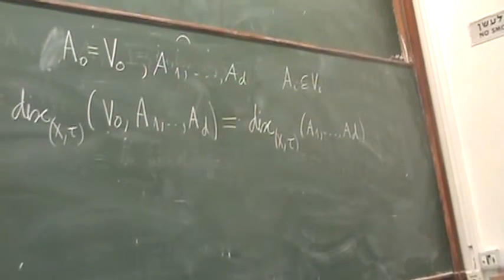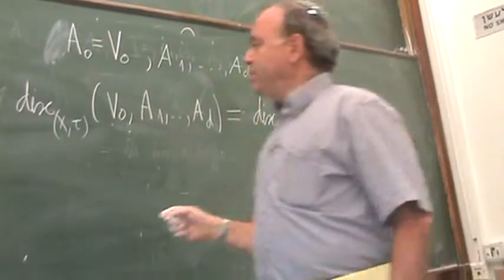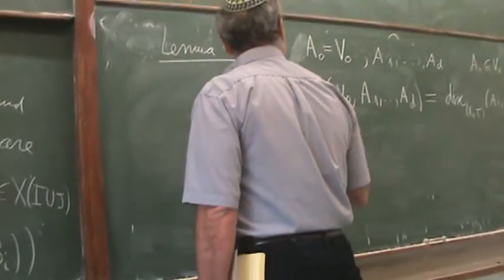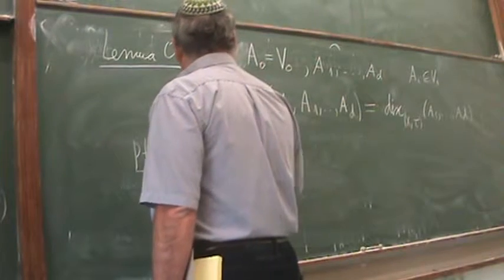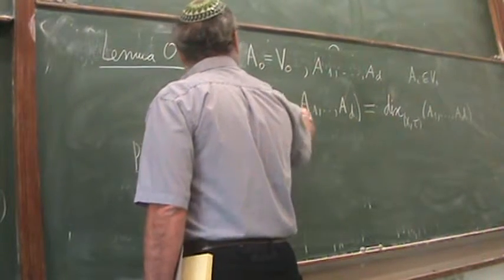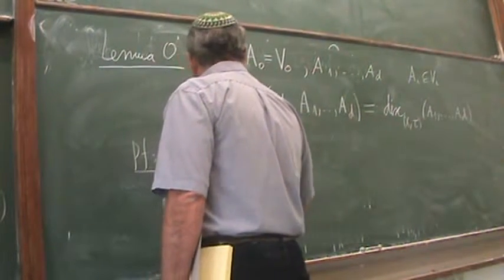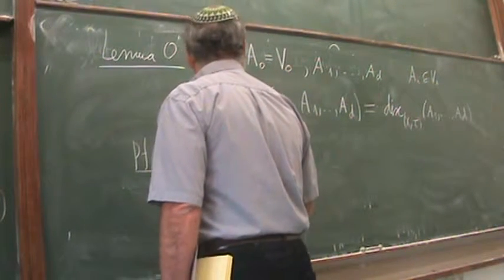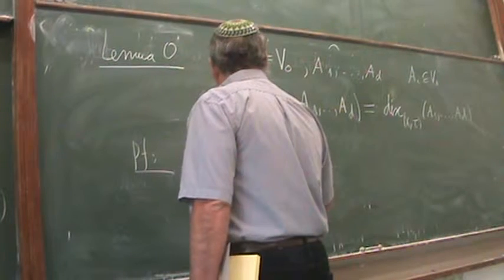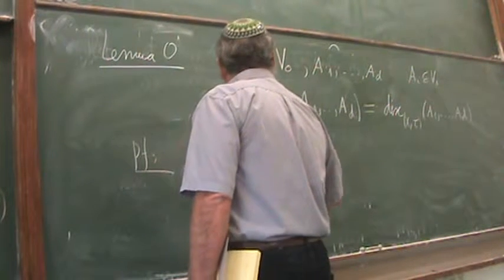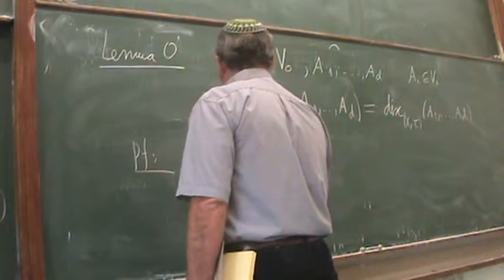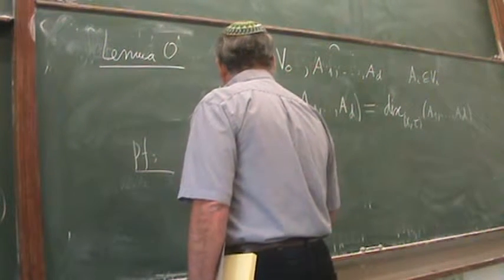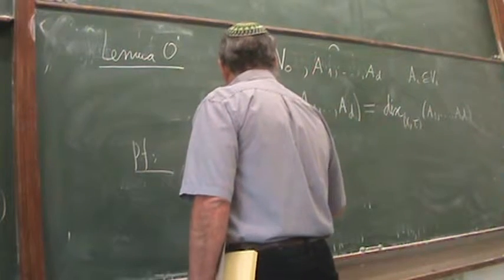There's no influence. Why? The proof is this: by definition, this is the number of faces of type A0, which lie on A0 up to Ad, divided by the total number of all maximum faces.